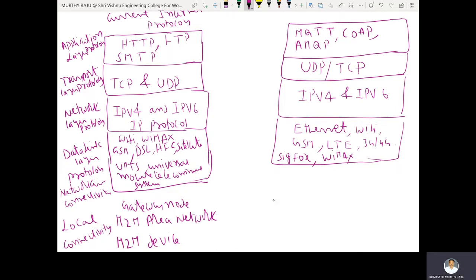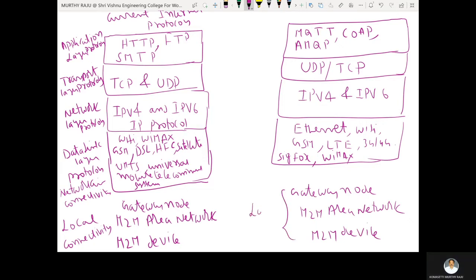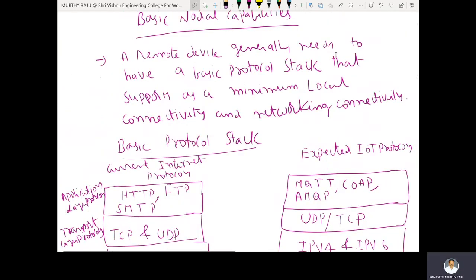Coming to this one, the expected protocol region, again local connectivity. That means the gateway node, the M2M area network, and the M2M device. This is for local connectivity. Every device in the M2M area requires some protocol stack.